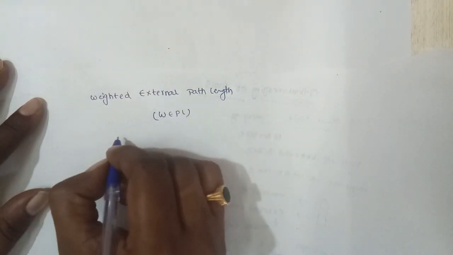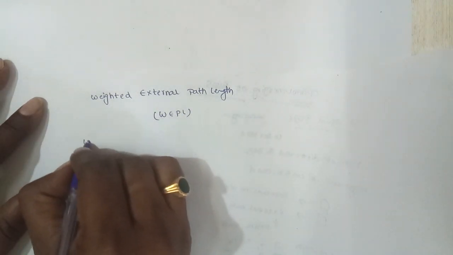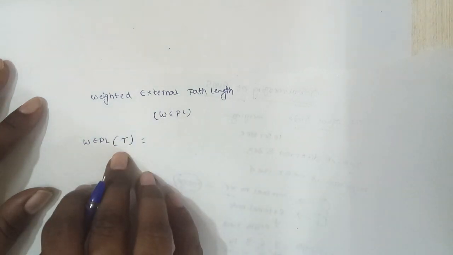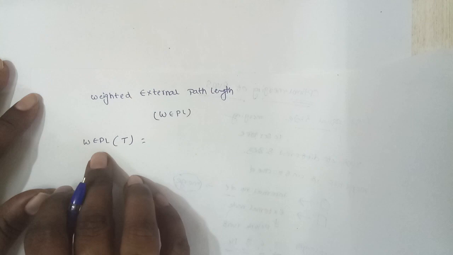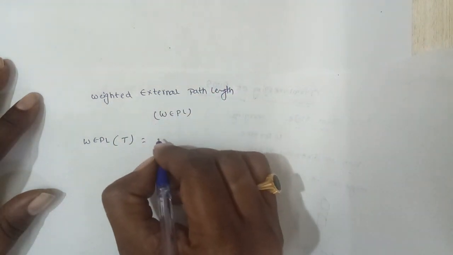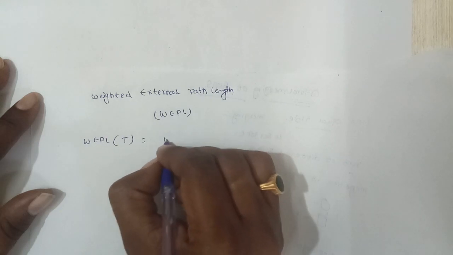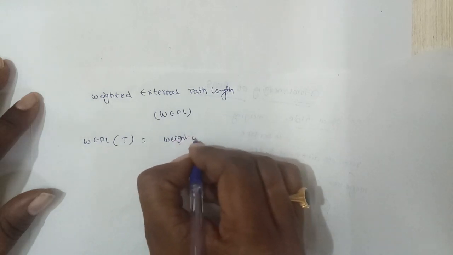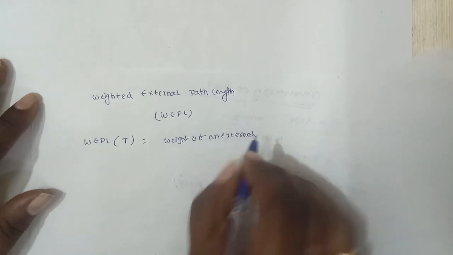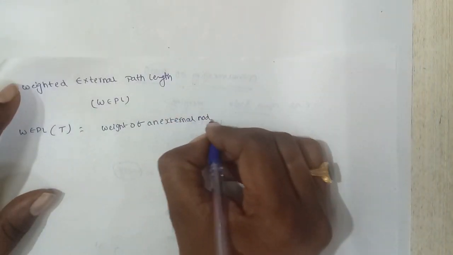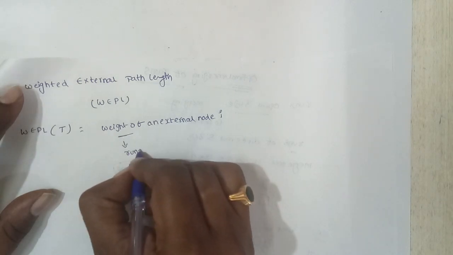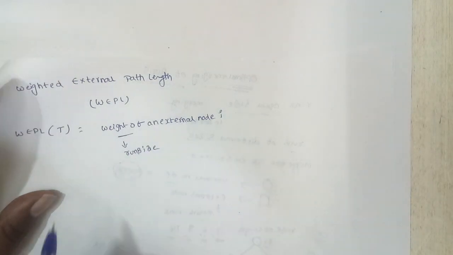So how to calculate WPL? For a tree, how to calculate the weighted external path length? Simply the product of the weight of an external node i, where weight means simply the run size, I will explain with an example.